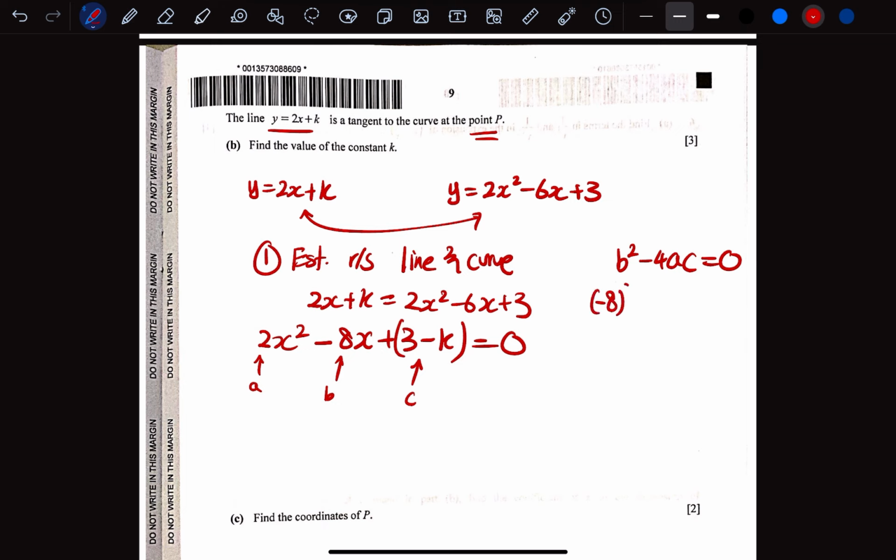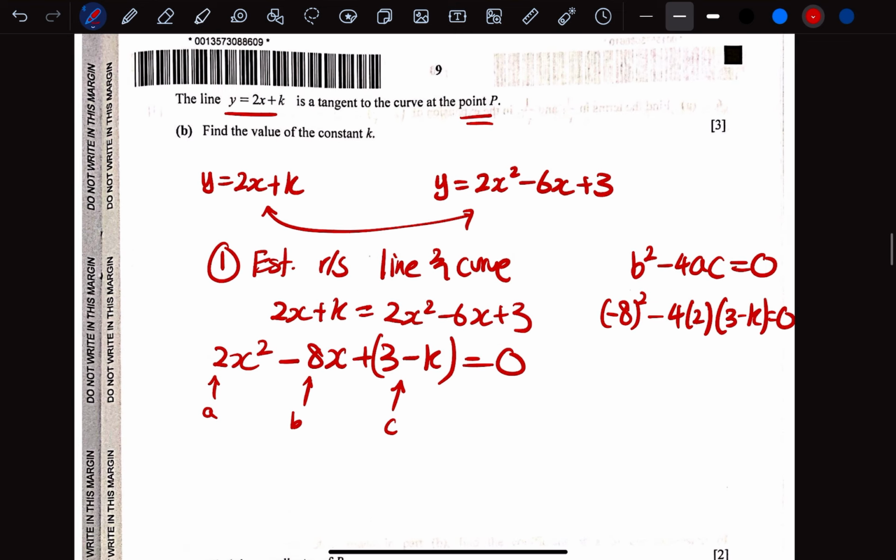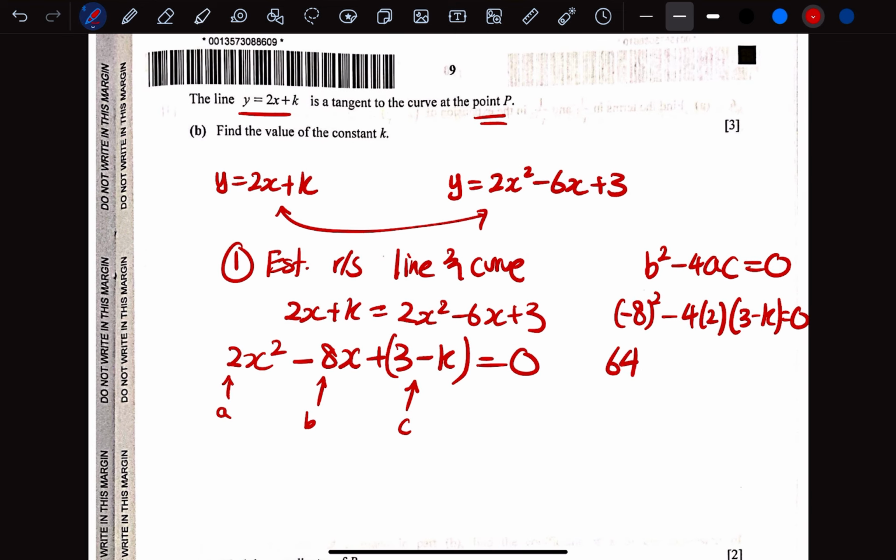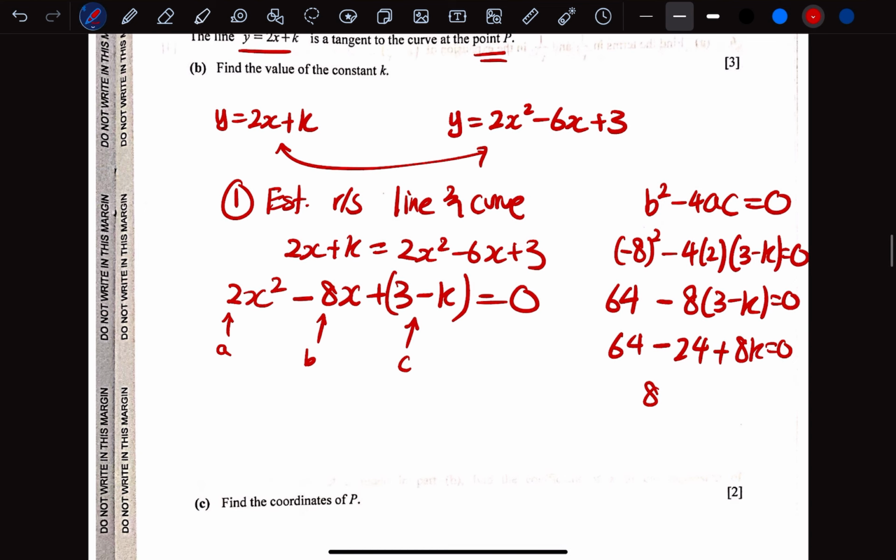Negative 8 squared minus 4 times 2 times 3 minus k is equal to 0. And we simplify this, we will get 64 minus 8 times 3 minus k equals 0. We can easily solve for our k value. 64 minus 24 plus 8k equals 0. 8k is equal to negative 40, and k would be equal to negative 5.